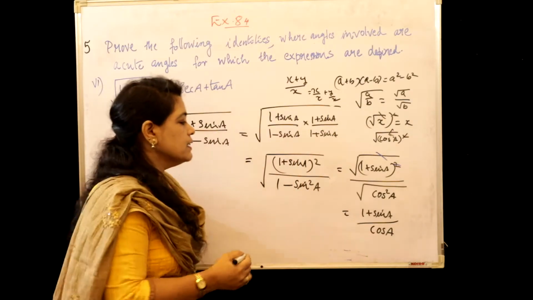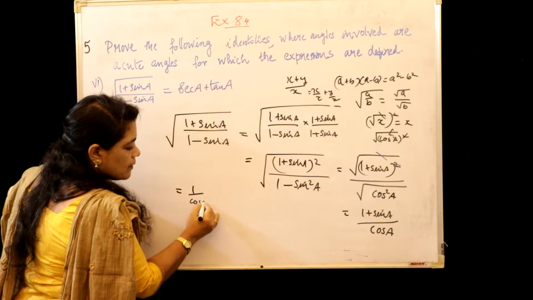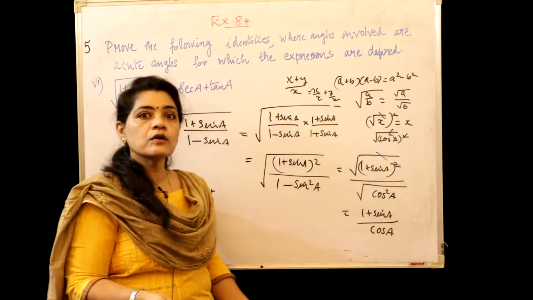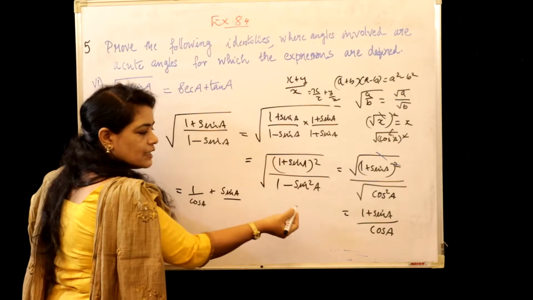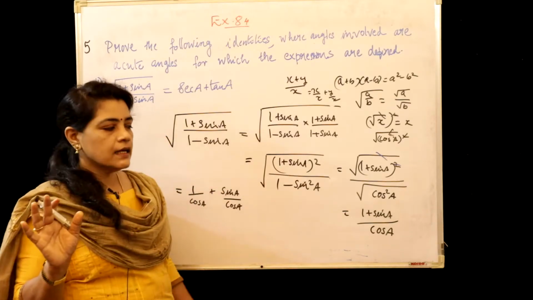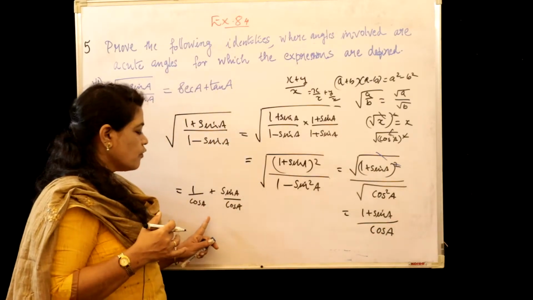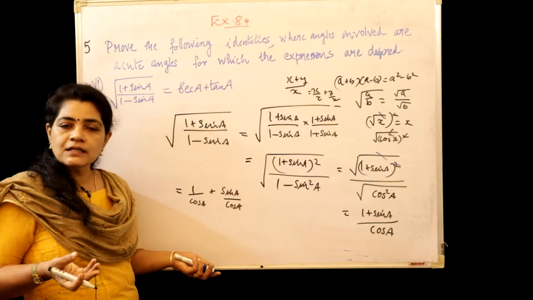So this is equal to 1 by cos A plus, what is the second term? Sin A by cos A. The second term is sin A, so you have to give that cos A to the second term also. It is clear. So 1 plus sin A by cos A is now in the form 1 by cos A plus sin A by cos A. What is 1 by cos A?